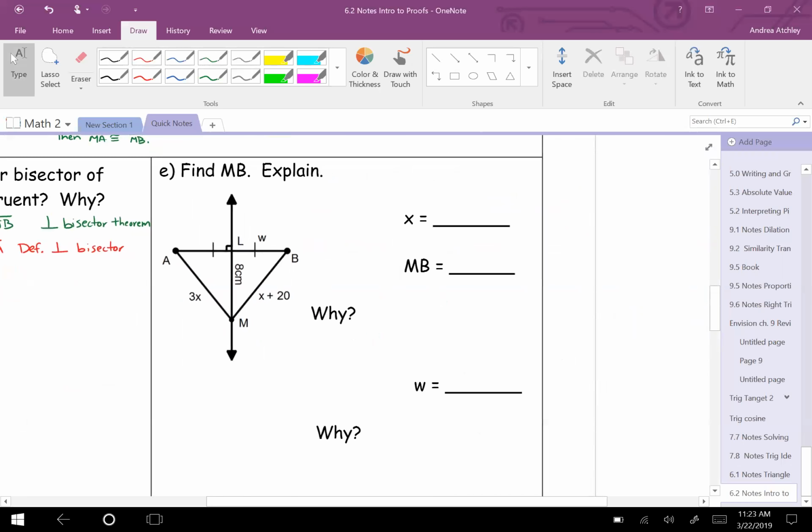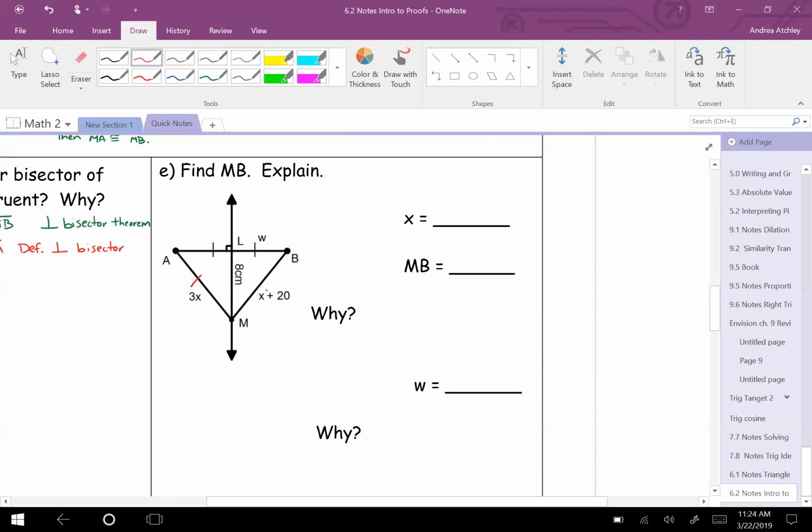So line MB, sorry, we're going to find line MB. They give us the figure, and they want us to find MB and explain why. So any idea on how I'm going to find MB? Yep. Very good.